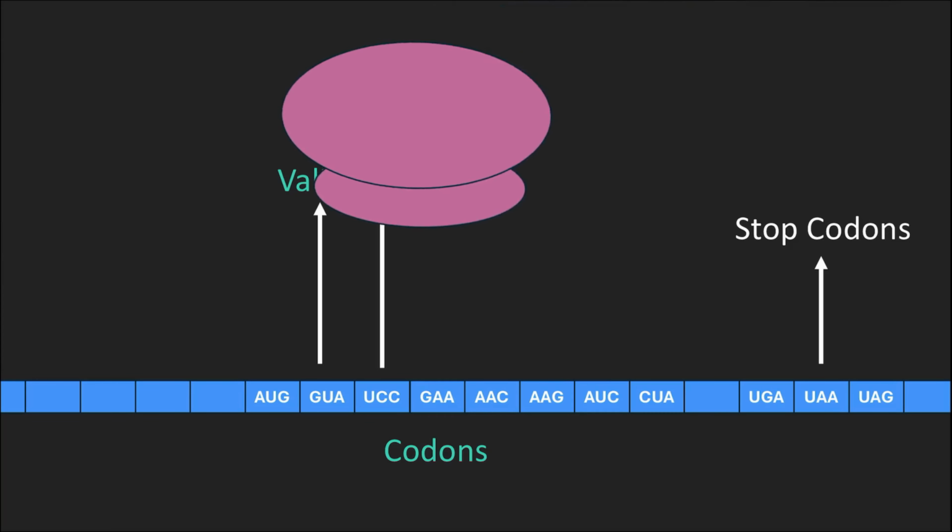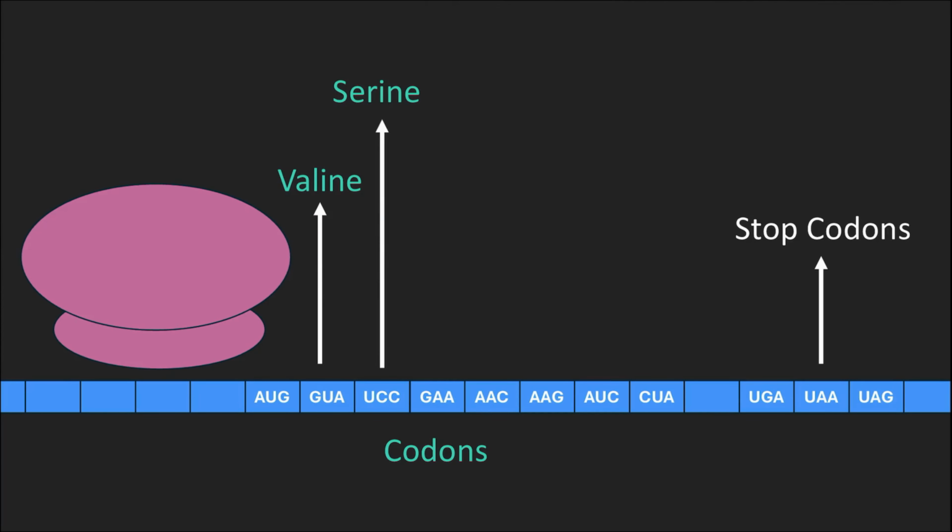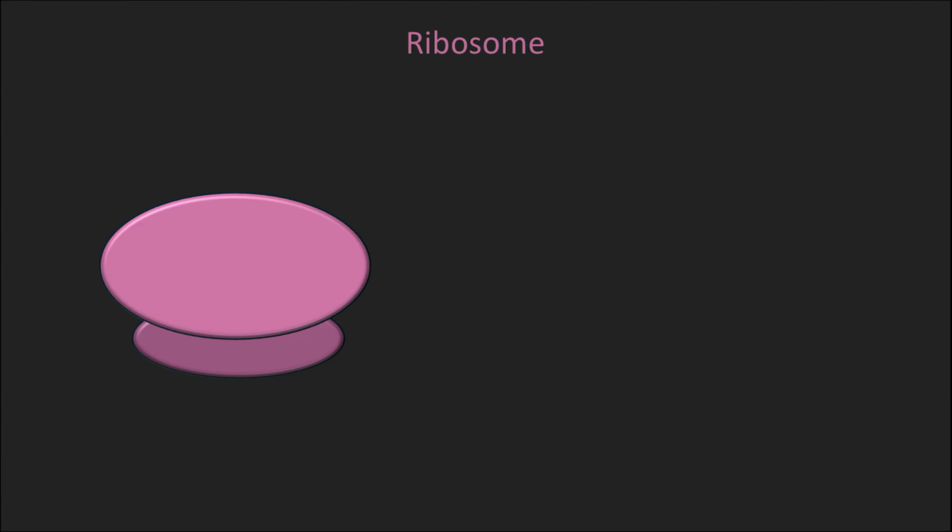Now the cellular machine that makes sense of these nucleotides as codons and translates them into amino acids is called a ribosome. It puts together amino acids to build a peptide. Ribosomes themselves are made of protein and a special RNA called the ribosomal RNA.